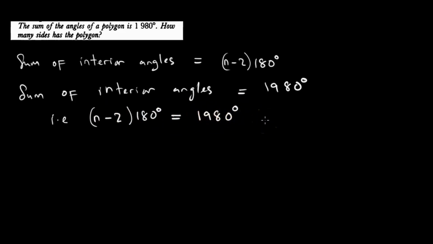This is a correct, accurate mathematical statement using many arguing tools. Firstly, you can use transitivity: if A is equal to B and A is equal to C, therefore B is equal to C. That's one way of arguing. So the sum of interior angles is (n minus 2) times 180. The sum of interior angles again is 1980.